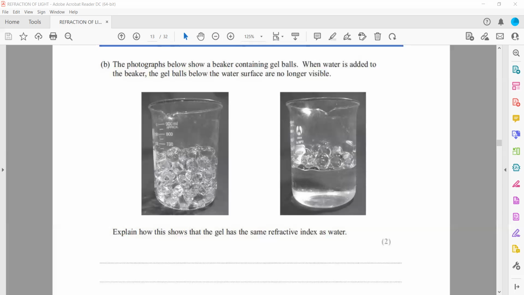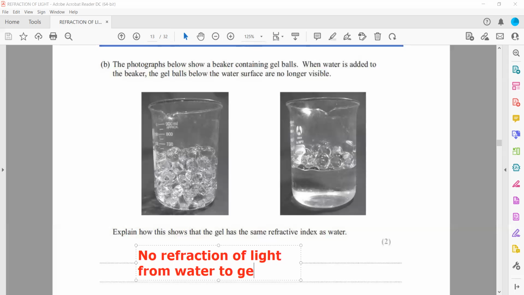But because they have similar densities, there is no refraction of light from water to gel balls. This shows they have the same refractive index.